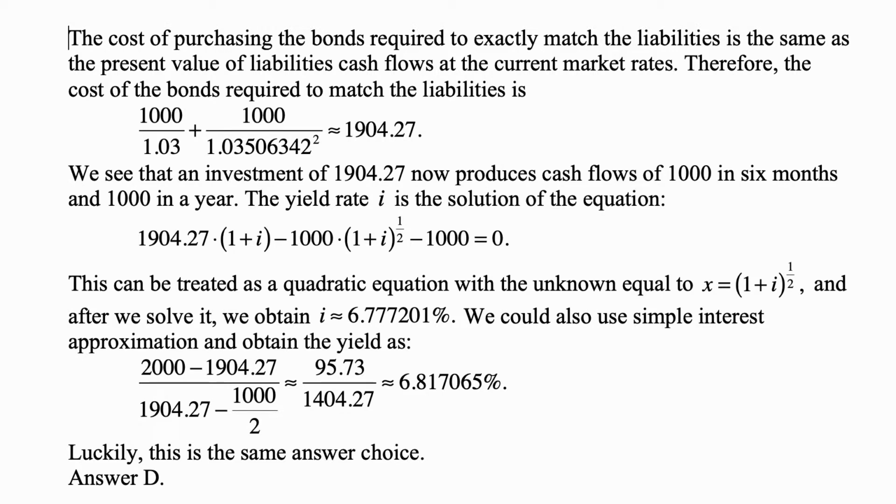This all has to be 0 because this 1904.27 paid at time 0 produces these two cash flows, and I is here the effective interest rate.